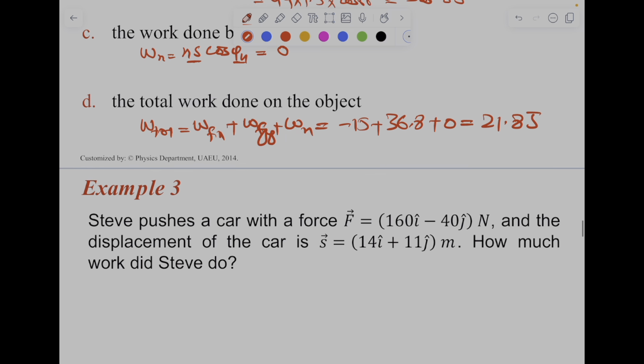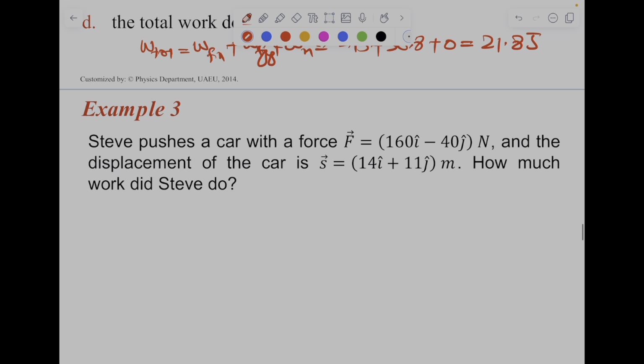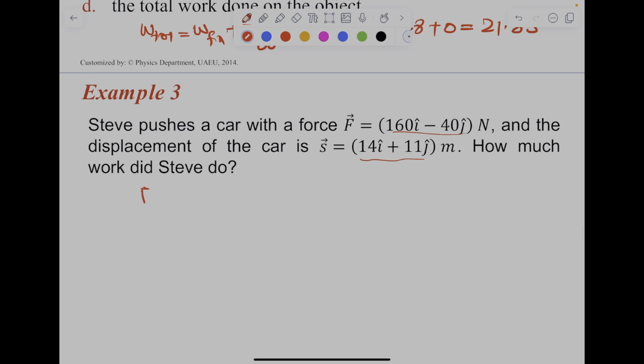Now moving towards your next example. Steve pushes a car with the force this, and the displacement of the car is this. These are all vectors. How much is the work done? So work done is nothing but the force times the displacement, 160 i minus 40 j dot 14 i plus 11 j.